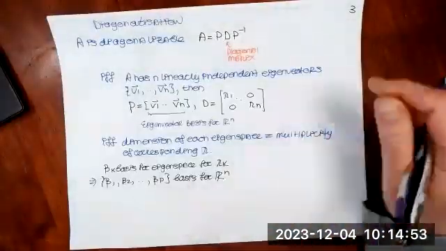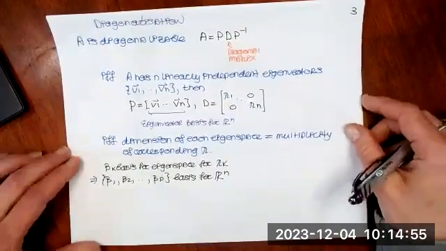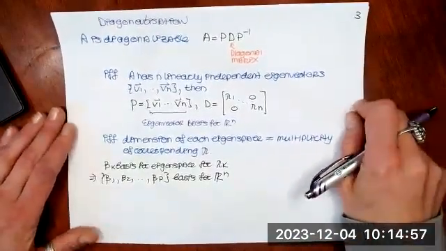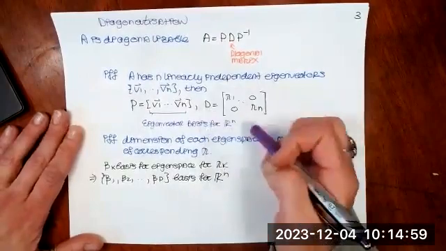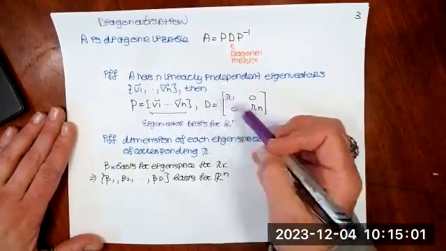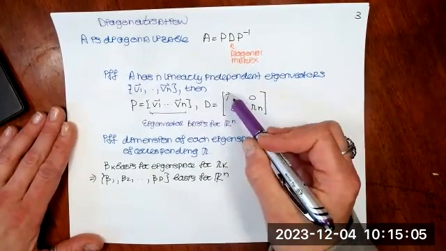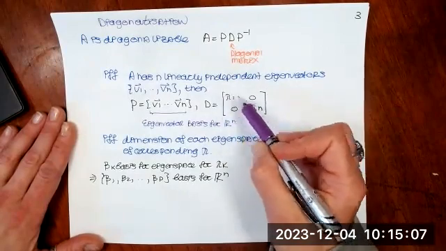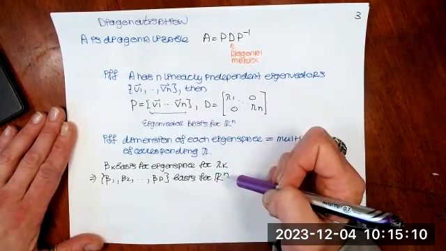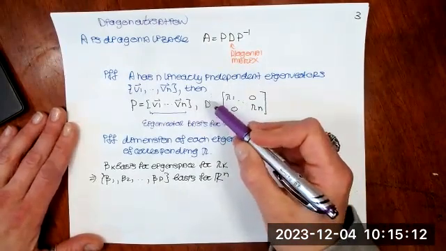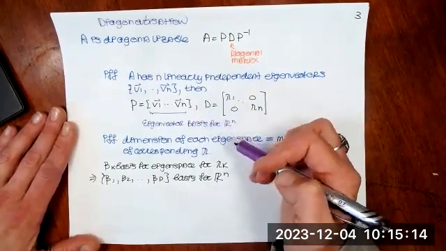Then with all of that, we went to diagonalization of matrices, because it's easy to deal with matrices that are diagonal. Diagonal matrices just have non-zero entries on the diagonal and zero everywhere else. I can bring those matrices to different powers very easily.